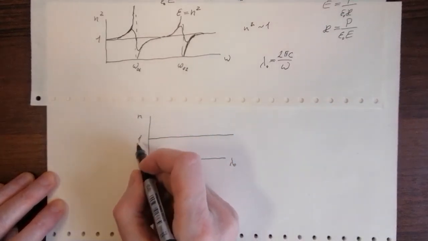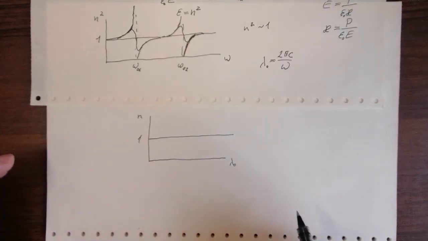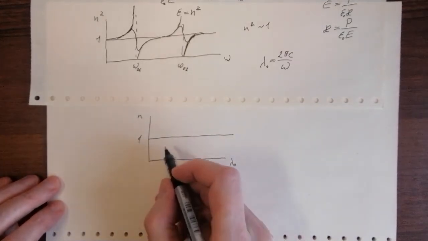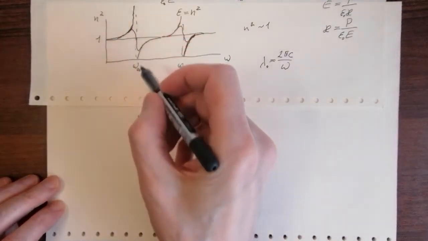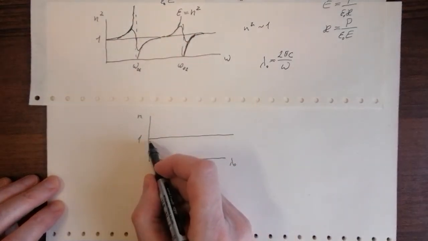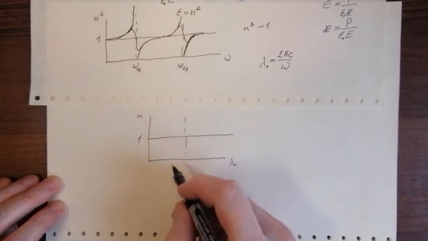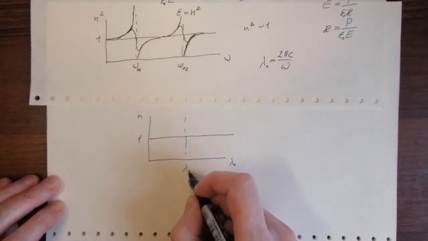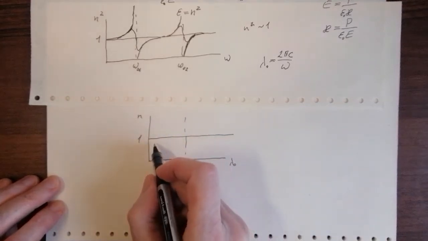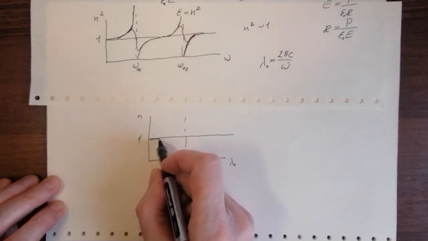This will be 1, but the shape will be not this one, but mirror. So if we have here lambda 0, then the curve will be like this.